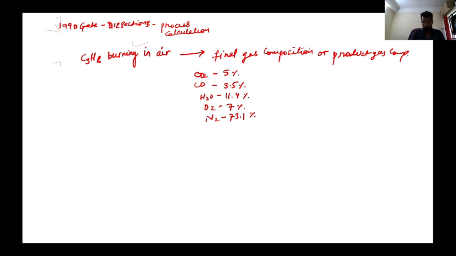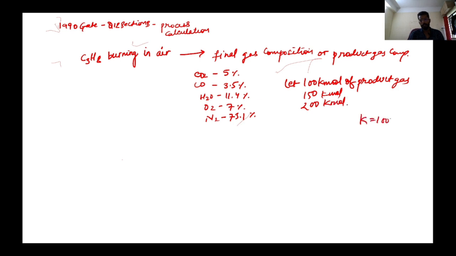Suppose I take 100 kilomole of product gas, or I can choose anything, 150, 200, anything, since kilomole or mole is just a unit. So why do I choose 100? Because the total will become 100.